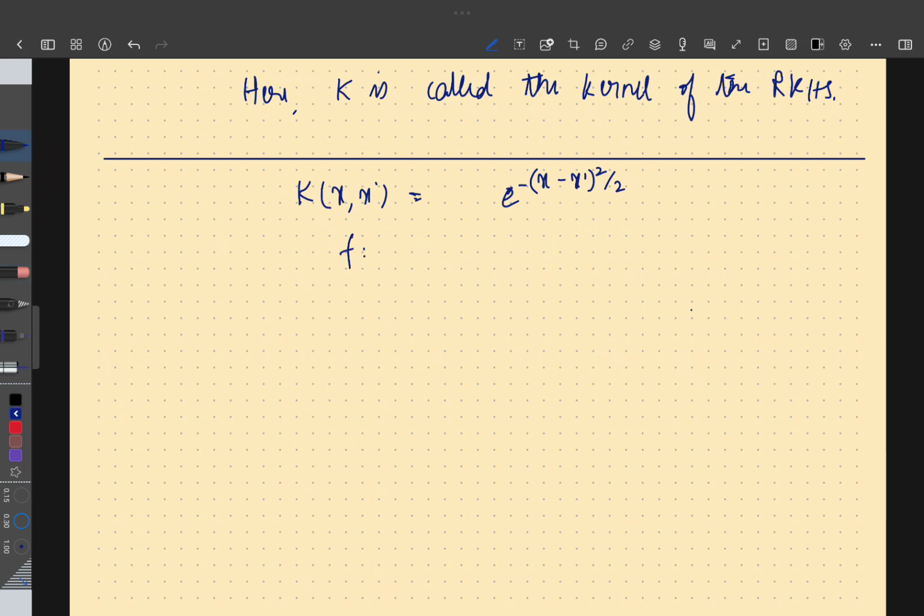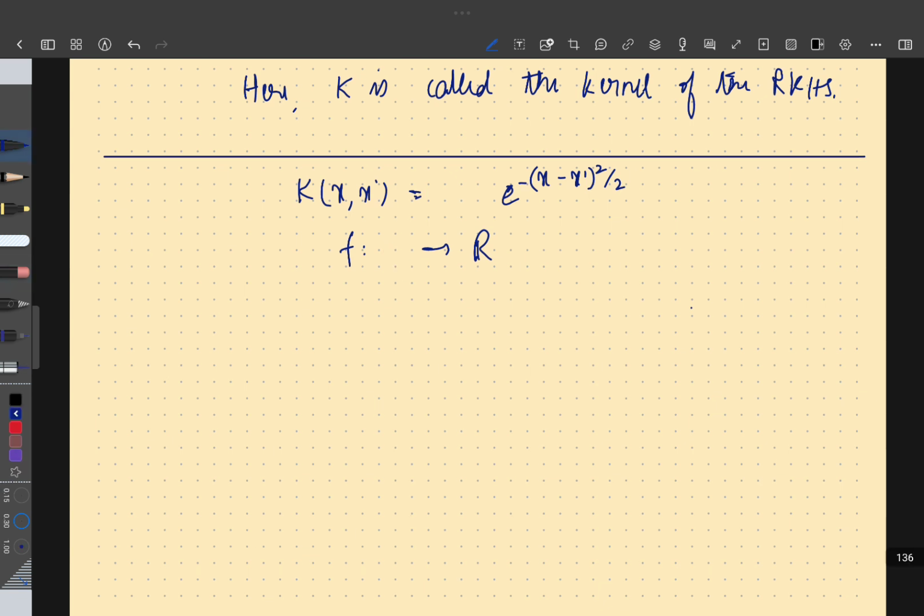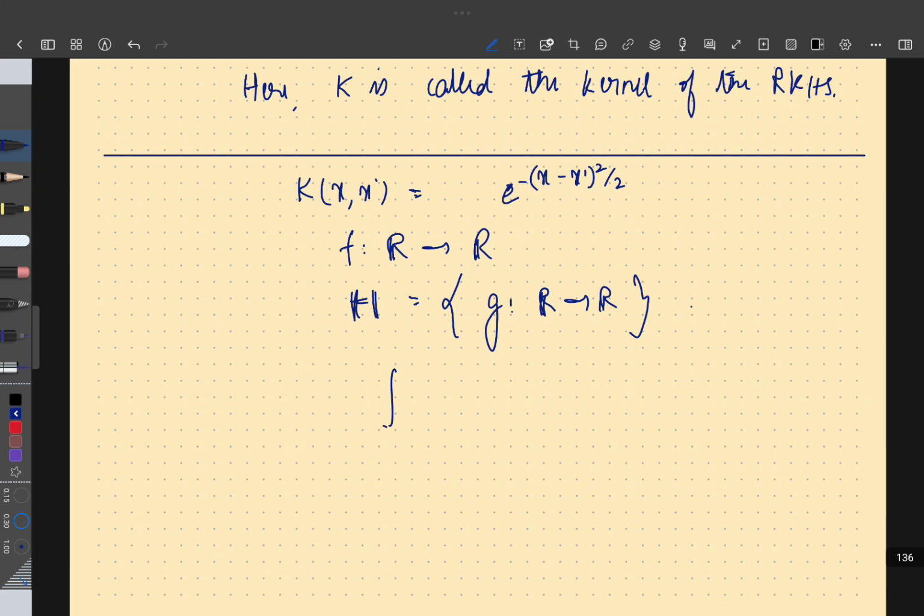Let's take any f from x to R, in this case, f from R to R. Basically, this is a function from R to R, kx, and the Hilbert space is a collection of functions from R to R.